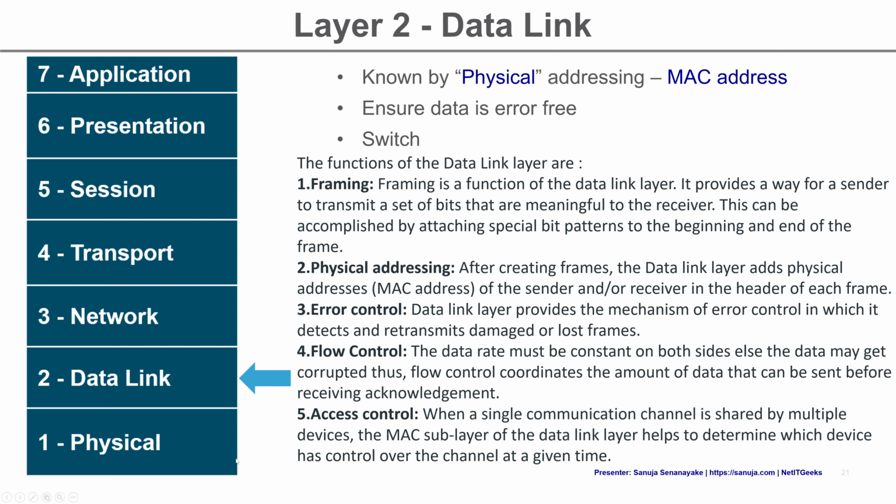Those layer 3 switches operate at the layer 3 level, the network level. So layer 3 switches are closer to a router than to a switch, even though we call it a switch. The typical network switches are actually operating at layer 2, which is the data link layer. So keep that in mind.